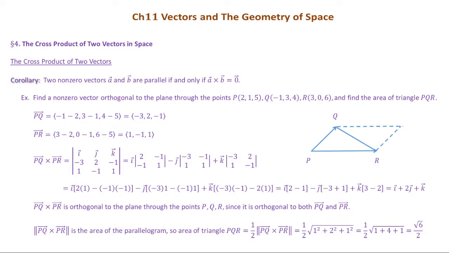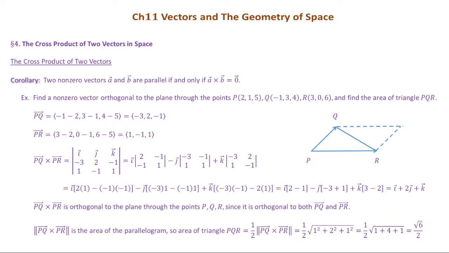One of the things we can do is use the theorem in the last slide, which automatically tells us that two non-zero vectors A and B are parallel if and only if A cross B equals 0. When A and B are parallel, the angle between those two vectors is 0 or pi, 180 degrees.